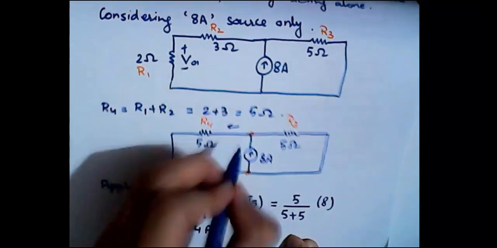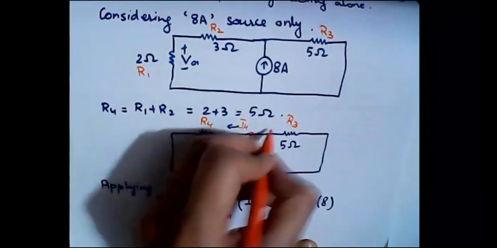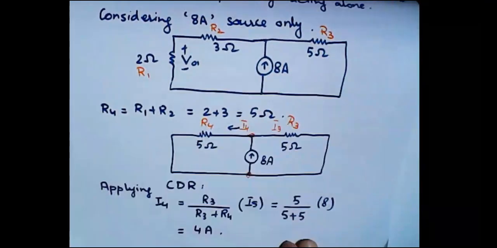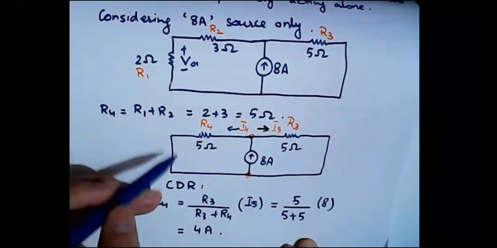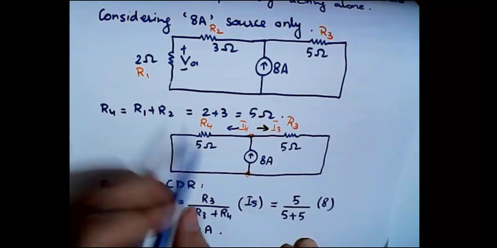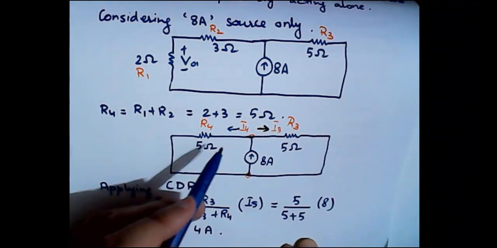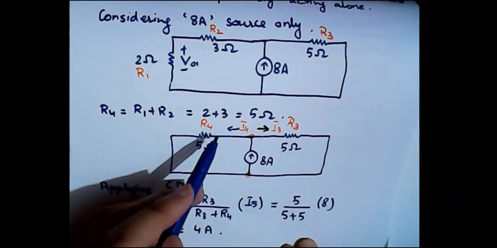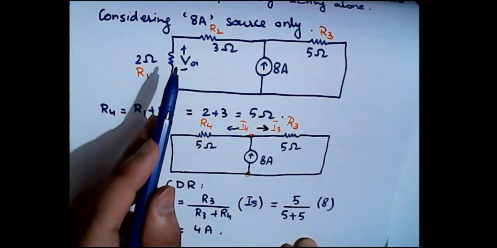Now you can see that we have calculated the value of I4, which is the current through the resistance R4, right? This will be I3, which is of no use to us because we are only worried about calculating V01. Now here you can see that R4 is actually the series combination of R2 and R1, and once we know the value of current I4, we know that in a series combination the current remains constant, right?